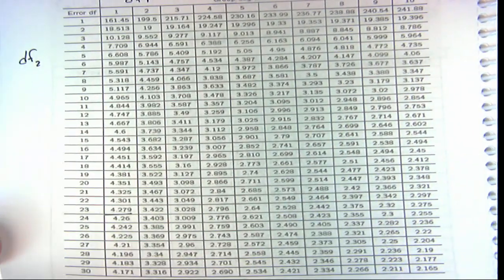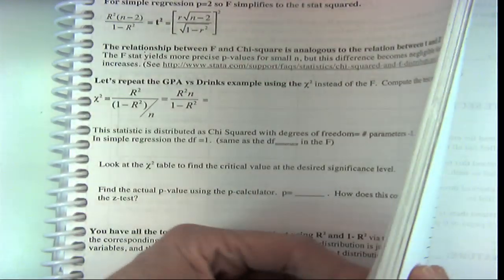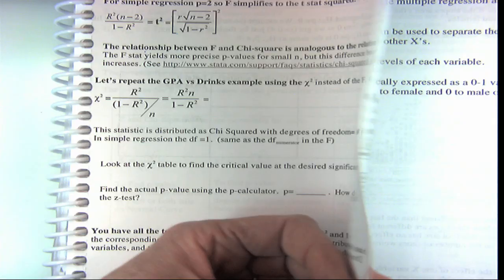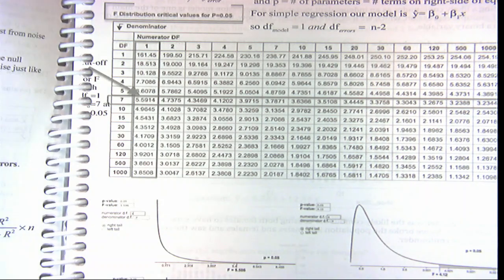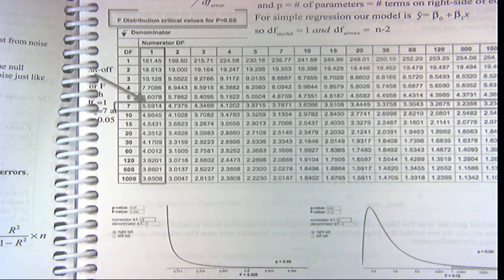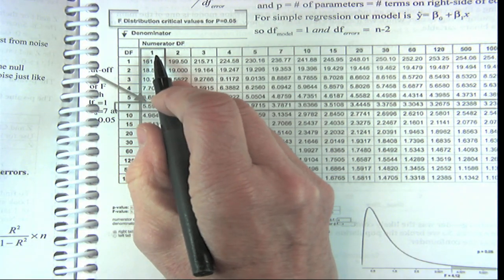Now the F curve, I think I have a better picture of it in your notes. Yeah, on page 134, that's a much better picture, and it explains it a little better. We're looking at 1 degree of freedom and 23.